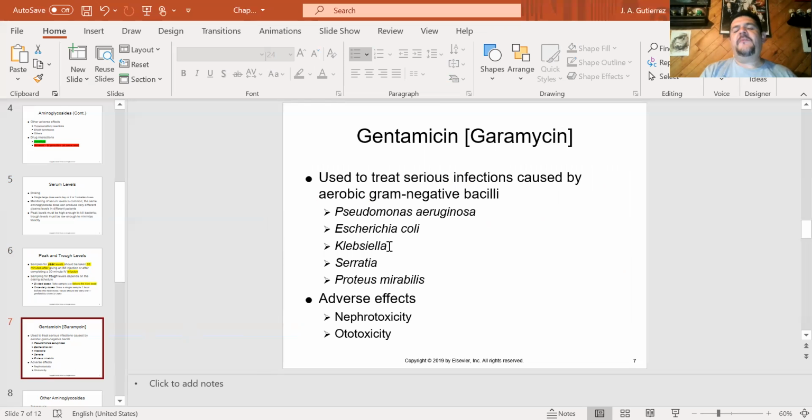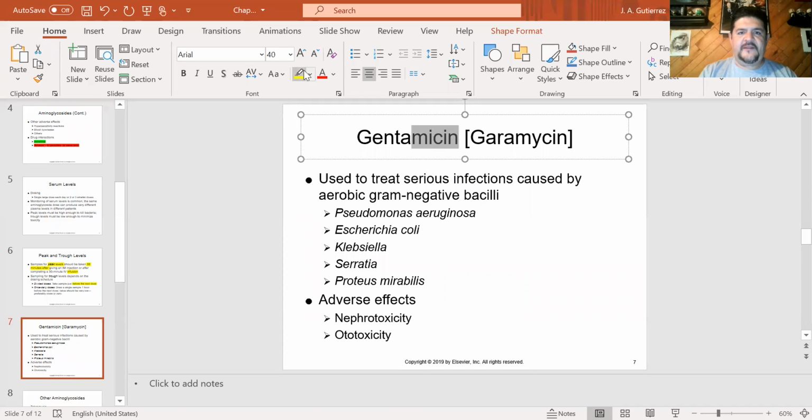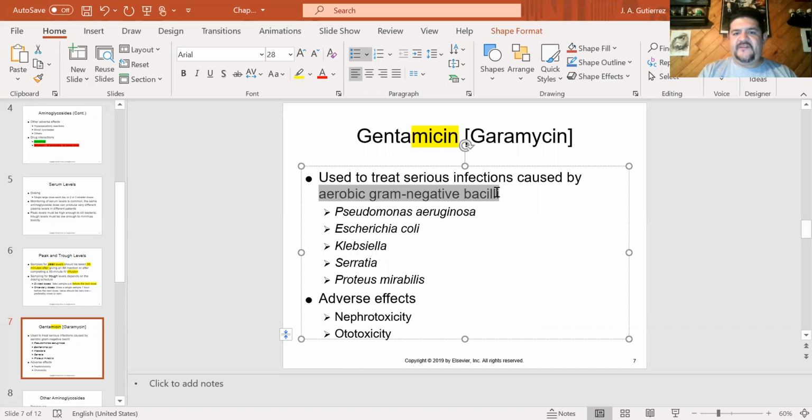The most common aminoglycoside used at the hospital level is gentamicin. Again, it has the mycin ending. Very good for aerobic gram-negative bacilli. Like I told you, these are bacteria or infections that are in contact with air. We did mention Pseudomonas a couple of times now. So Pseudomonas on the burn unit, on the skin. E. coli, Klebsiella, Serratia, Proteus. Usually we see them a lot in UTIs.